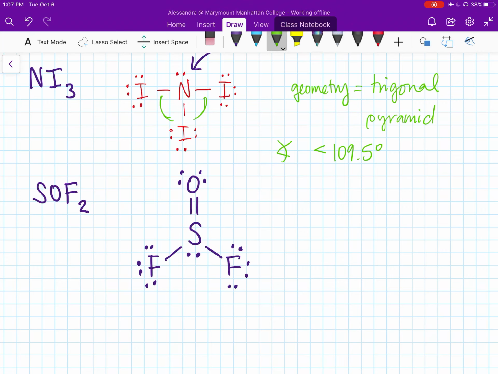So let's figure out the geometry of this structure and let's predict the bond angles. The sulfur atom has a substituent number of 4 because I'm counting up each bond, 1, 2, 3, and then the lone pair counts as 4. So like the one above it, NI3, this is a situation where I have a substituent number of 4 and then 1 lone pair.